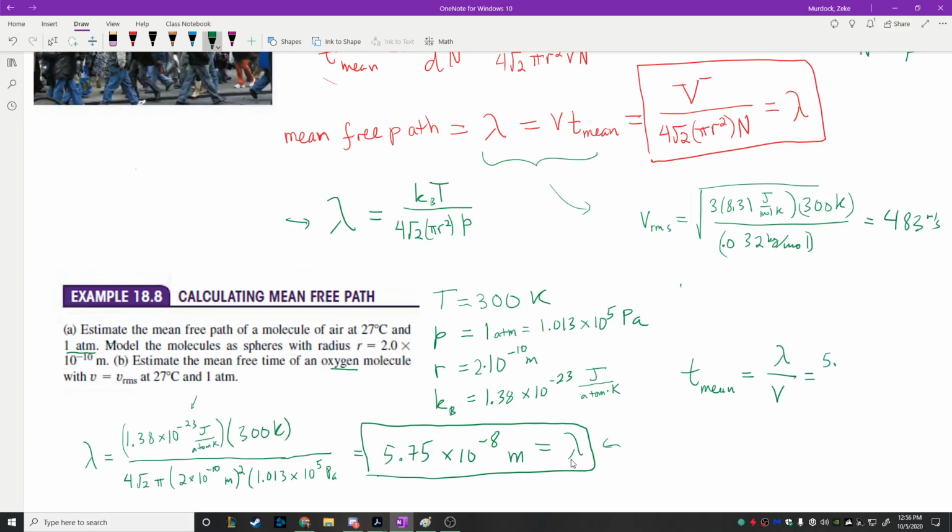So 5.75 times 10 to the negative 8 meters over 483 meters per second.